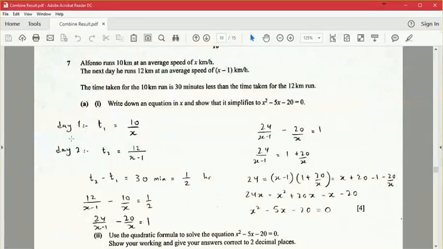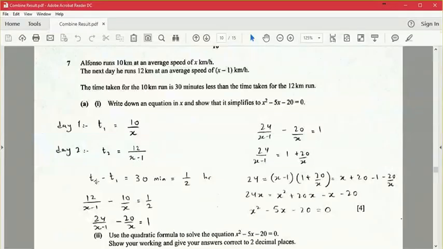So we start with this. For day 1, we will use t subscript 1 to represent it, equals 10 over x, the time taken in day 1, 10 over x, which is the distance over speed. For day 2, t2 equals 12, the distance, over x minus 1, the speed.